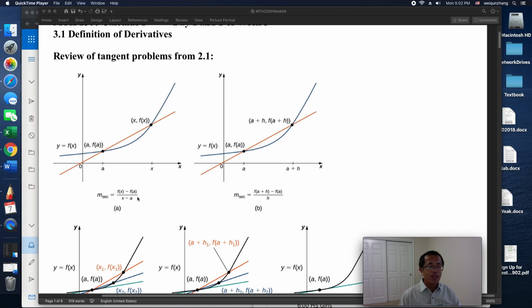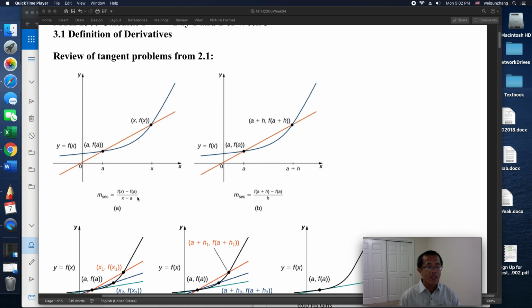Remember, we had a little bit of discussion of tangent lines, and also we posed the question of the slope of the tangent line. The tangent line touches the curve exactly at one point. If you think very carefully, it's very hard to answer the question directly, because to find the slope of any line, we always need two points.